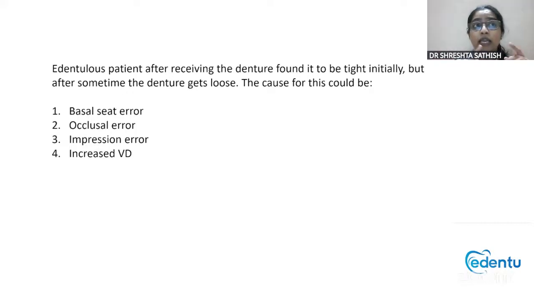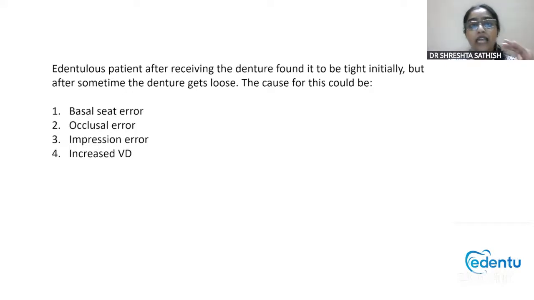So when you have an increased VD, okay, what happens is there is a premature contact of the tooth. When you have an increased VD, when you close slightly itself, the denture comes in contact and it tips off. That could be correlated with an occlusal error.